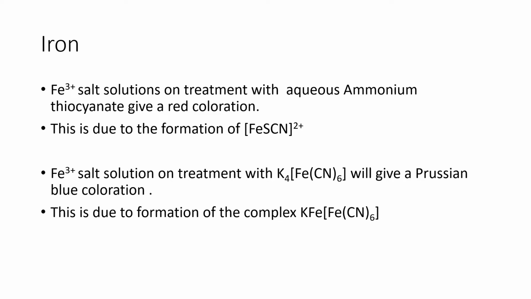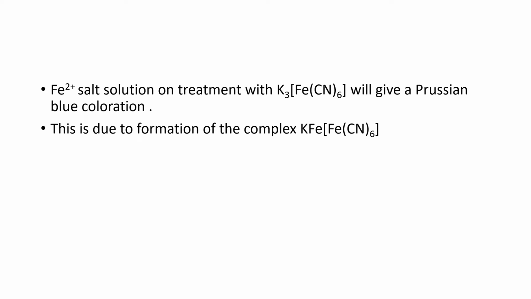This is due to the formation of the complex iron potassium hexacyanoferrate. A ferrous salt solution on treatment with K3[Fe(CN)6] also gives a Prussian blue coloration due to the formation of iron potassium hexacyanoferrate.